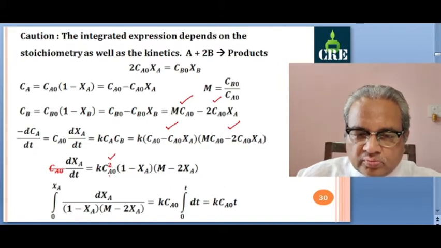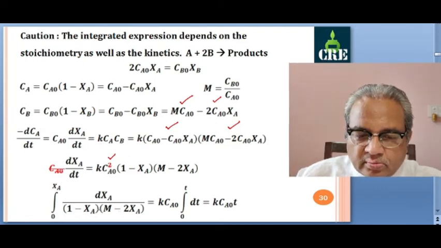So K CA0. You separate the variables to solve this differential equation: K CA0 dt is taken on this side, and dXA by (1 minus XA) into (m minus 2XA).